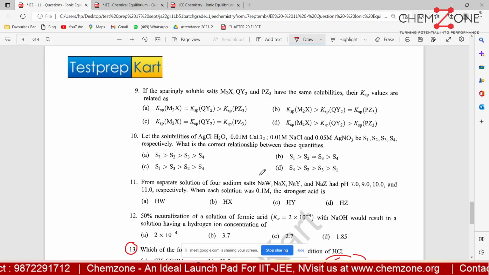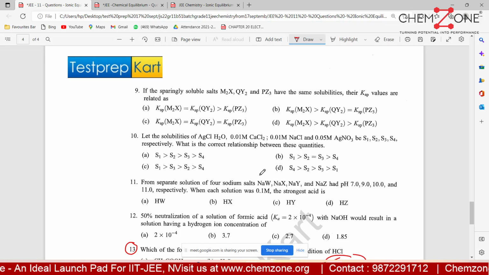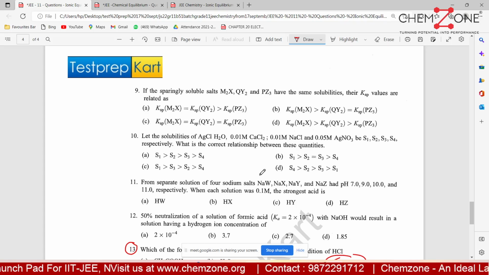So they have the same solubilities. No, the solubility product will depend upon the product of the two ions.